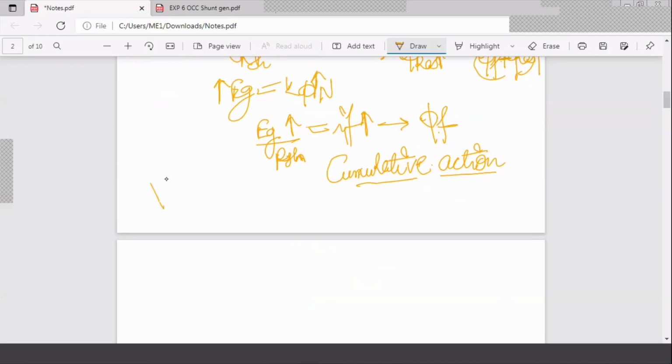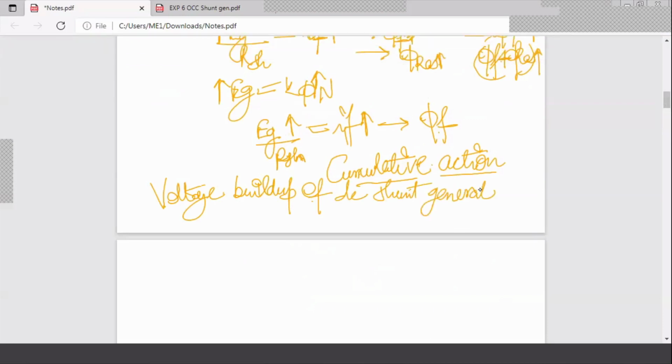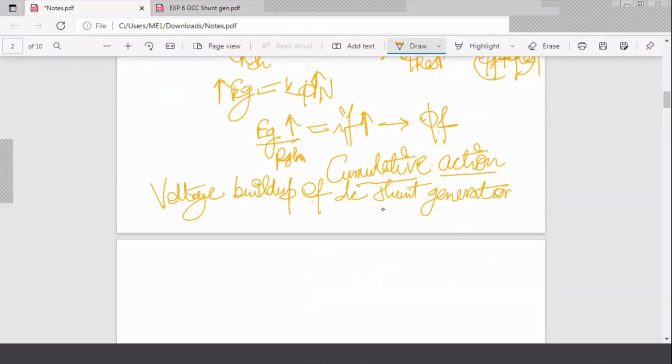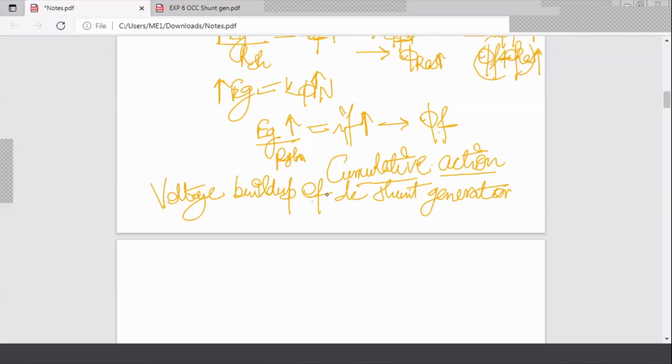So this process is known as voltage buildup of a DC shunt generator. This is known as the voltage buildup of a DC shunt generator. This is possible only when there is some residual magnetic flux. If that flux is not there, this is not going to happen.